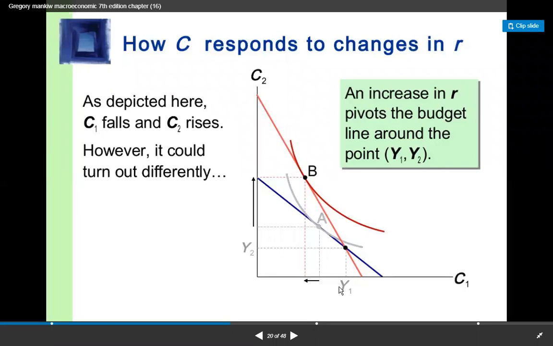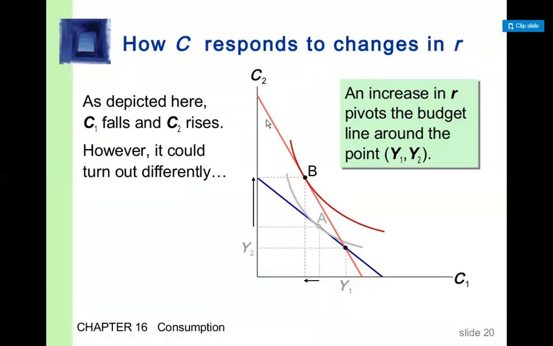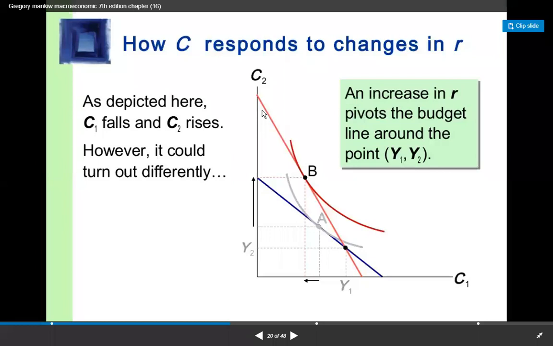you can see that the budget constraints will shift upward for C2 and down for C1.